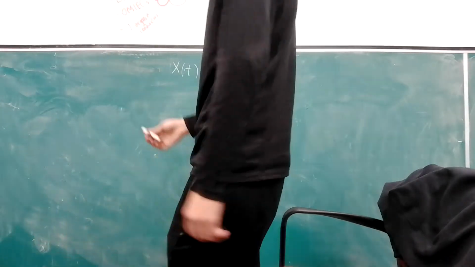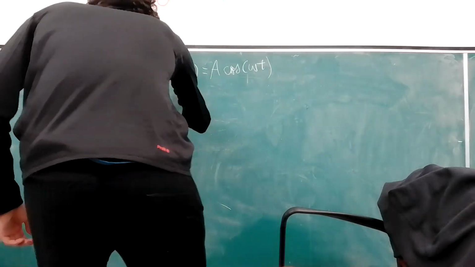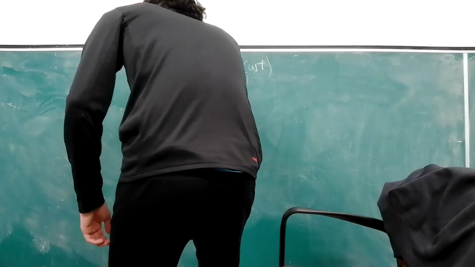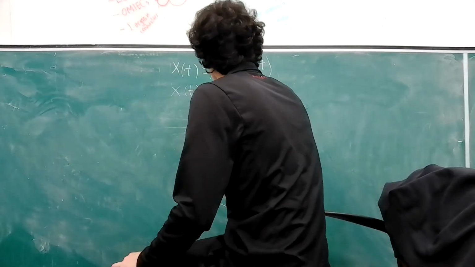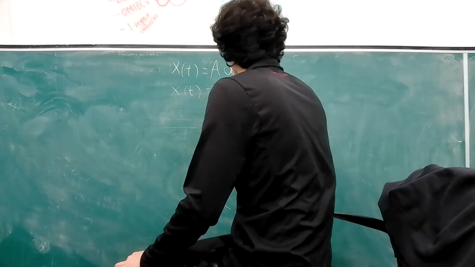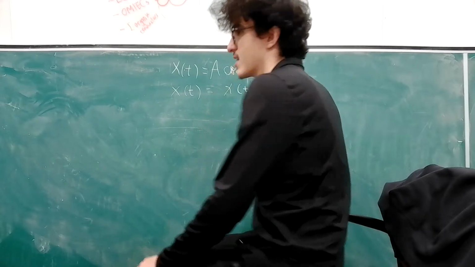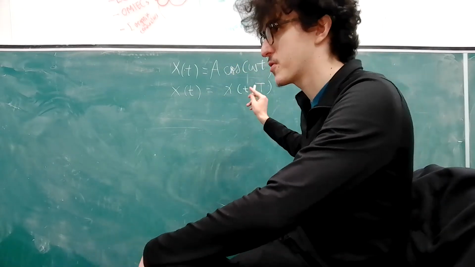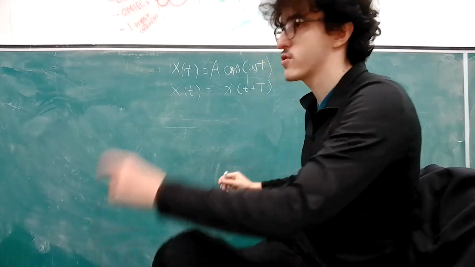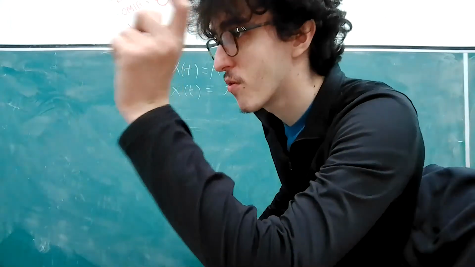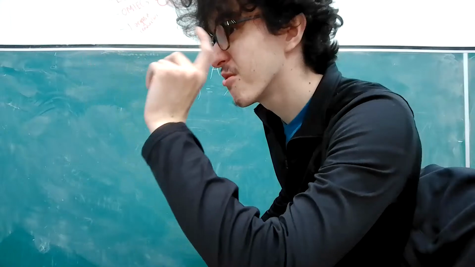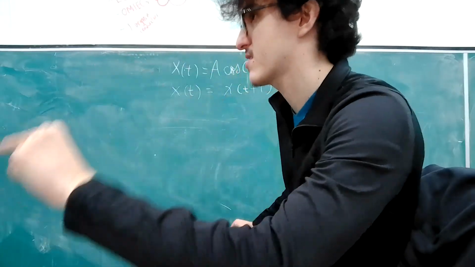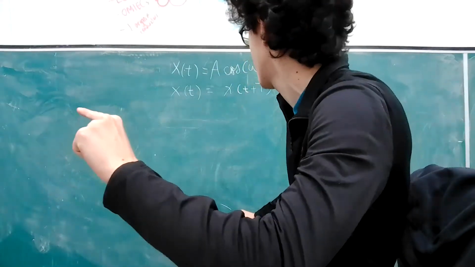So basically the property of periodic functions is that x of t is equal to x of t plus T. So big T is your period, right? If you shift your sine function over one period, it'll become the exact same thing. That's what makes a periodic function periodic, right?